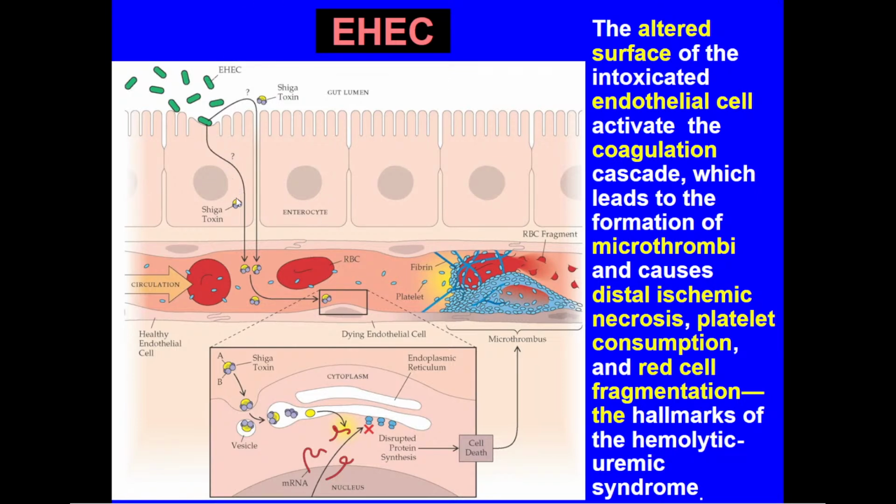They may go through the cells and be released into the blood-rich vessels, and there they may activate the coagulation cascade, which leads to the formation of microthrombi and causes distal ischemic necrosis, platelet consumption, and red cell fragmentation. These are the hallmarks of the hemolytic uremic syndrome.